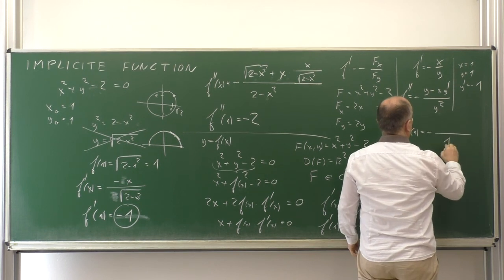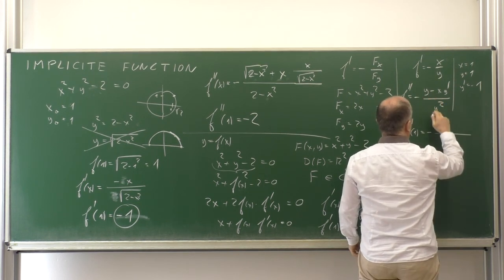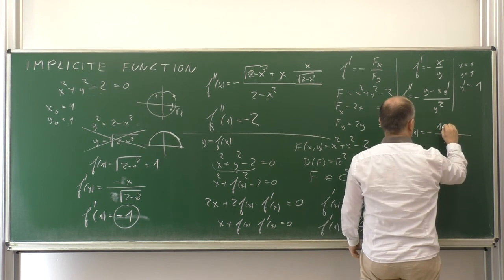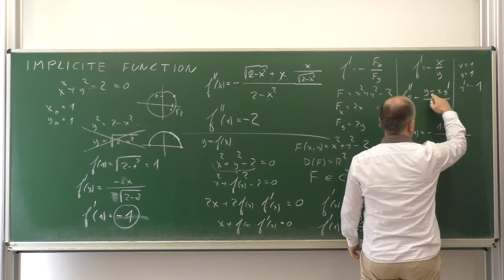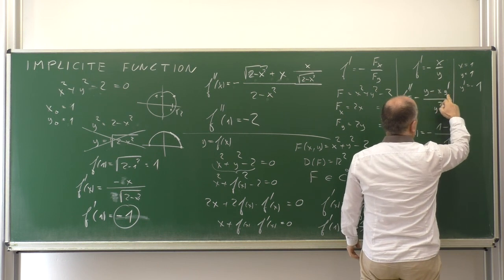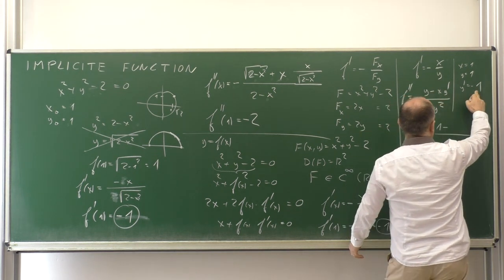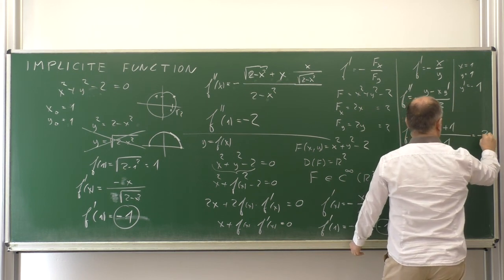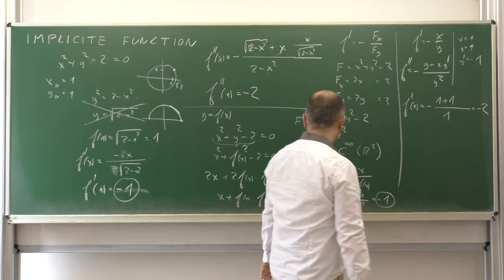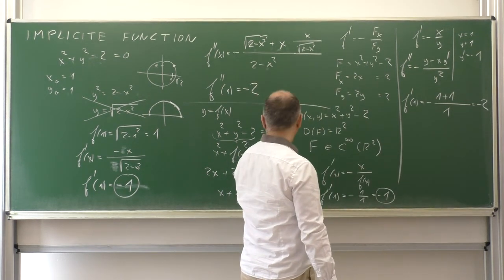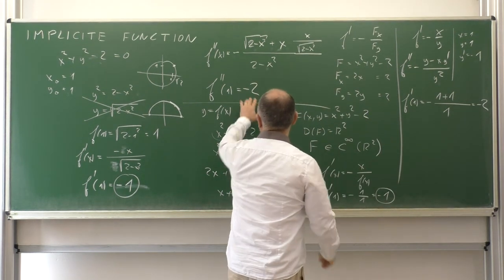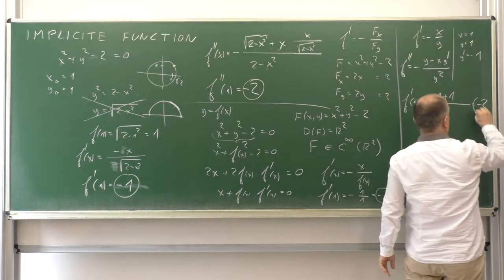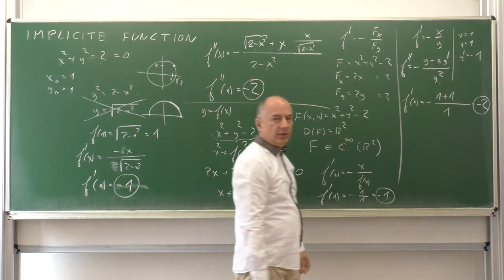Y is 1, so this is 1, and here we have y, which is 1, minus 1 times minus 1 is minus 1, so 1 plus 1 is 2, and we have minus 2, which is in agreement with the second derivative computed using the explicit function.